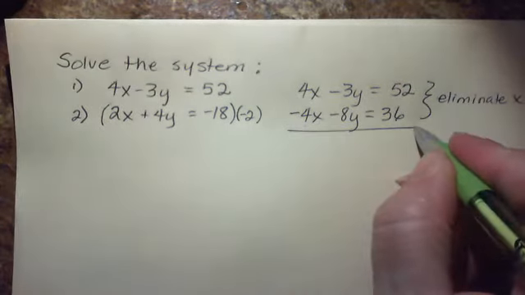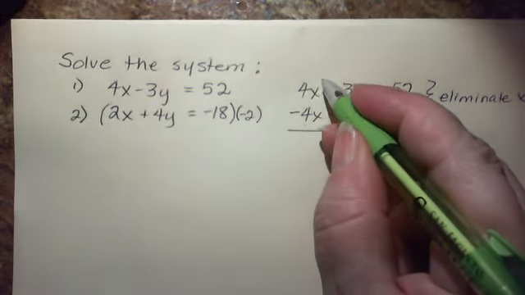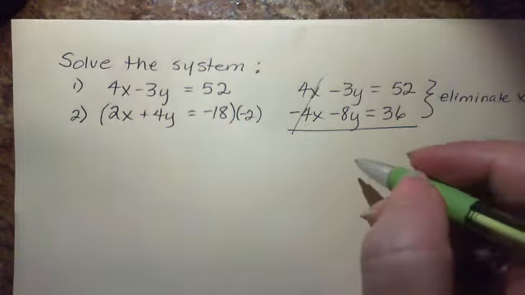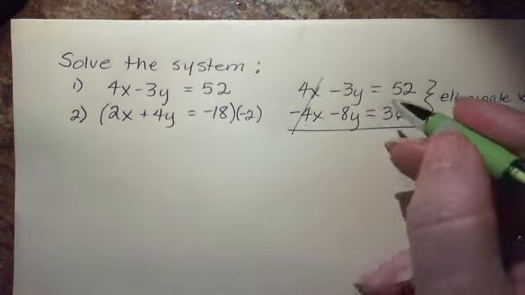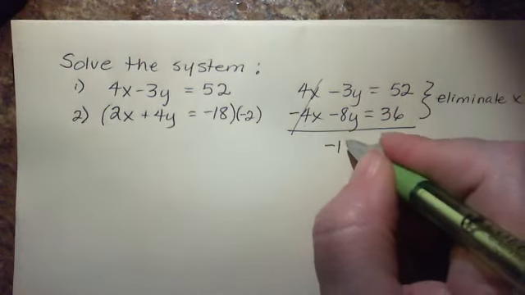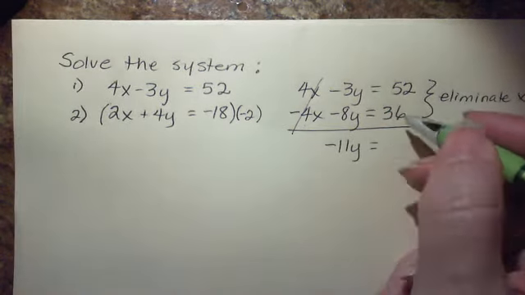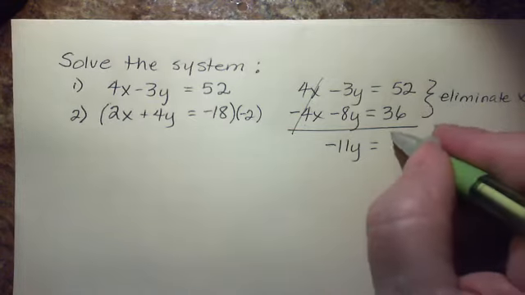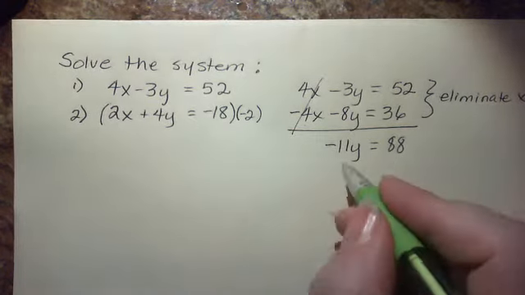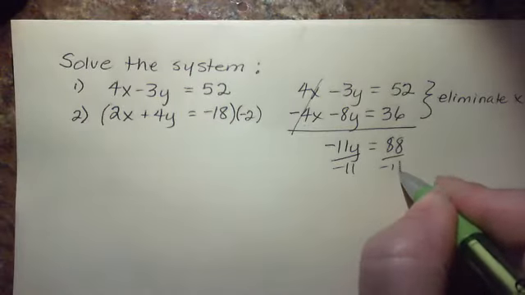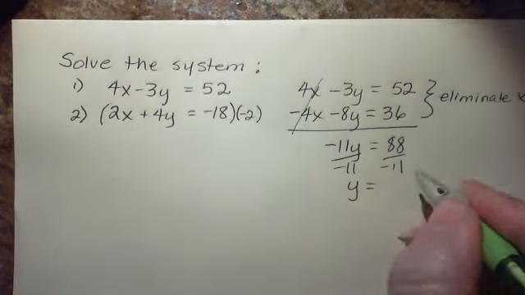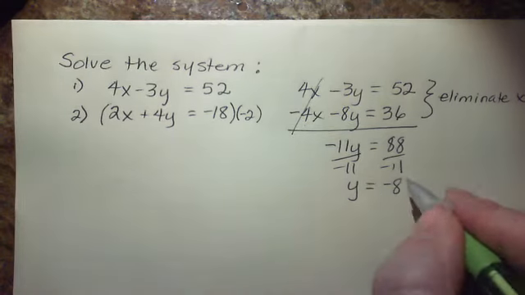And that happens this way. 4x and negative 4x adds to 0. The x's are eliminated. I add my y terms for negative 11y and I add my constants for 88. Now I need to divide both sides by negative 11, and that gives me y is equal to negative 8.